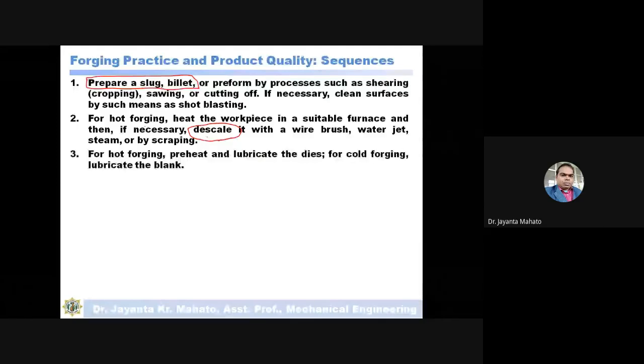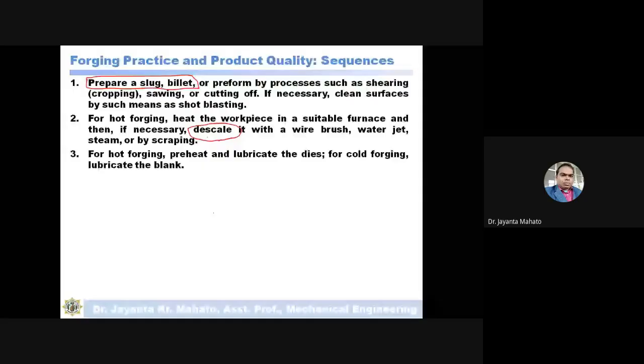Then, in case of the hot forging process, preheat the lubricant and the die. Preheat and lubricate the die. Means both dies, upper and lower part, you have to preheat, and then after preheating, you have to apply the lubricant. Okay. Why is preheating required?